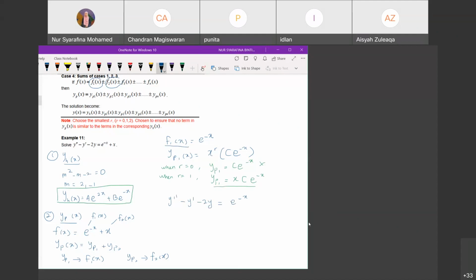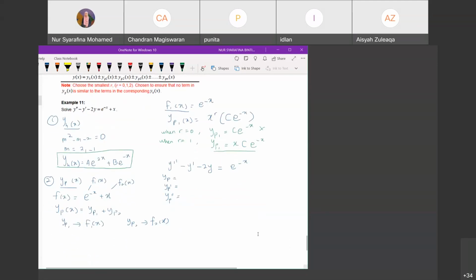So you have to have this y prime and y double prime, but you just compare with f1. Same process as the previous one. You need to have your yp prime, yp double prime, find the constant c, then that is your yp1. And then again, find yp2.